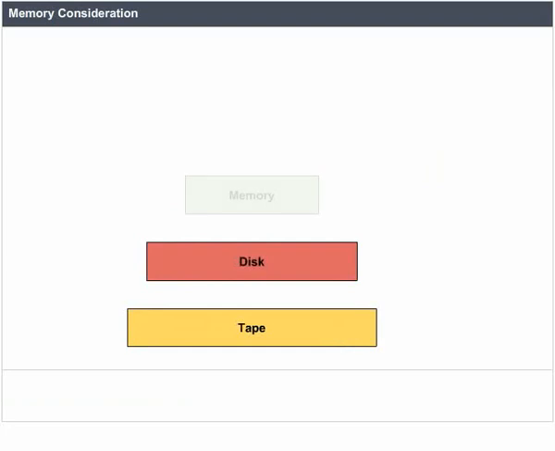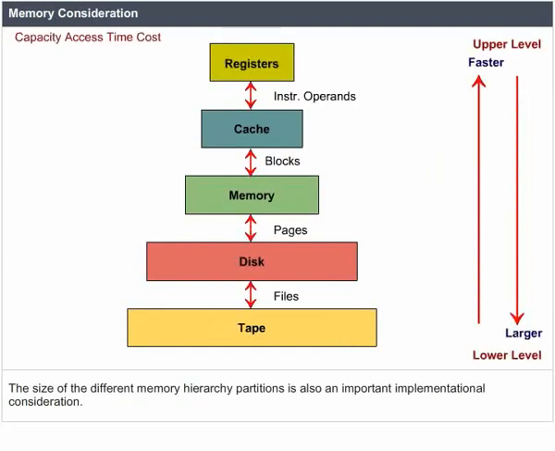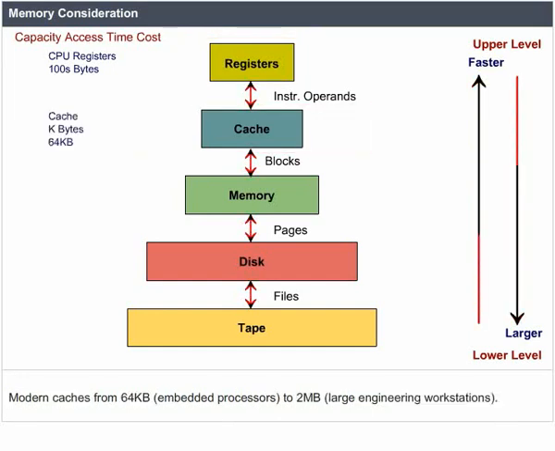Memory consideration. The size of the different memory hierarchy partitions is also an important implementational consideration. Storage. Register files vary from a few hundred bytes to a few kilobytes. Modern caches vary from 64 kilobytes embedded processors to 2 megabyte large engineering workstations.